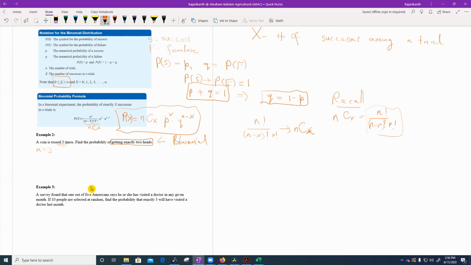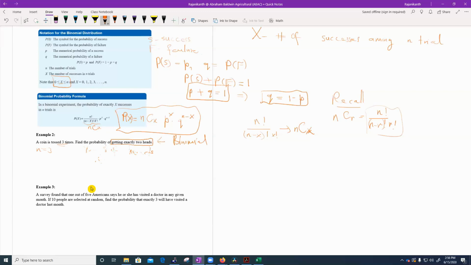So make sure that you are finding all the things. So the question is now, whatever you are looking for, that is going to be your variable x. My x is the number of heads. Okay. Now remember, you are tossing 3 times.